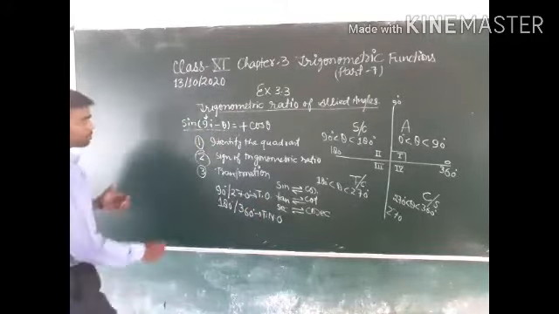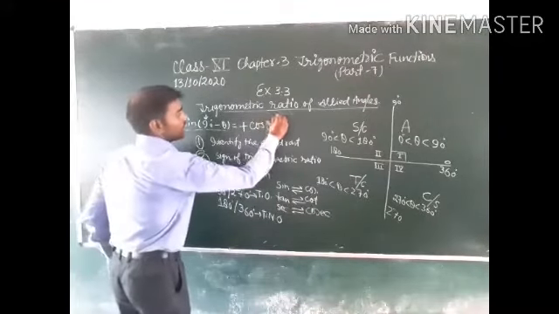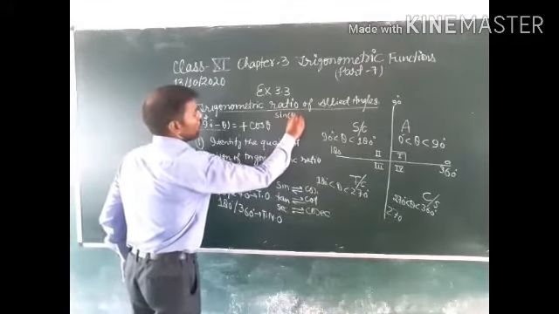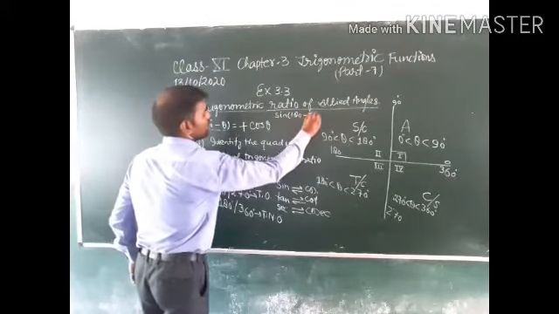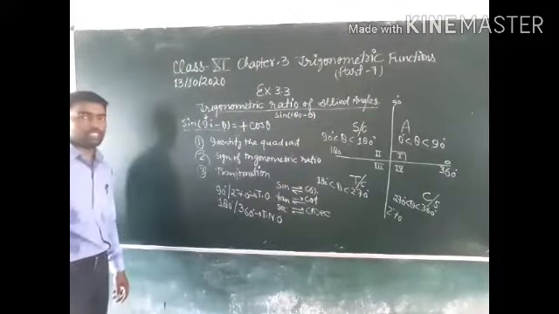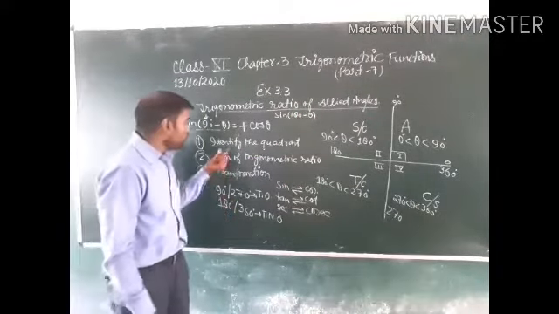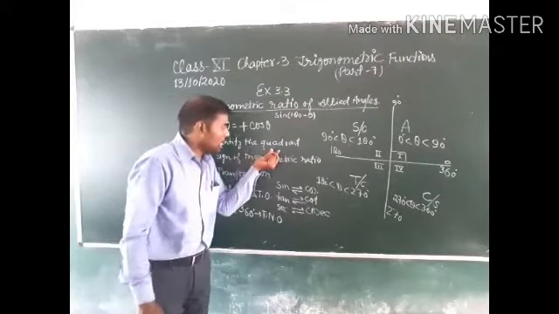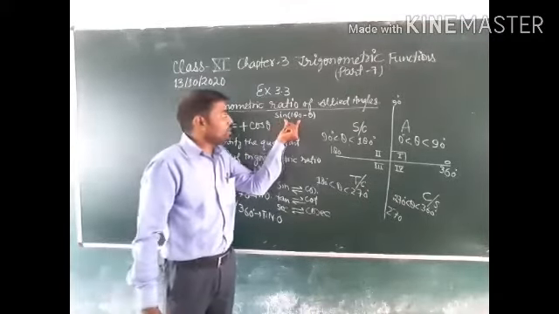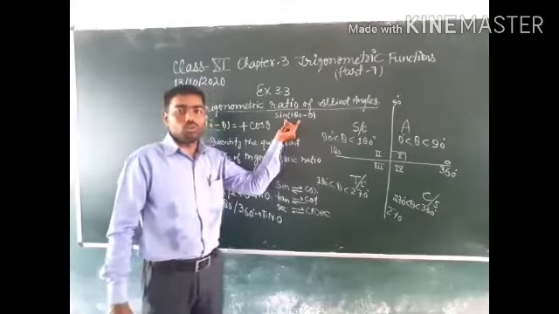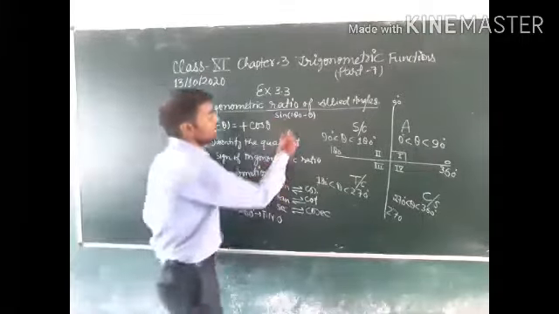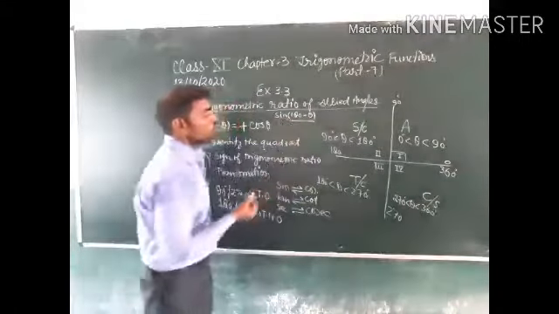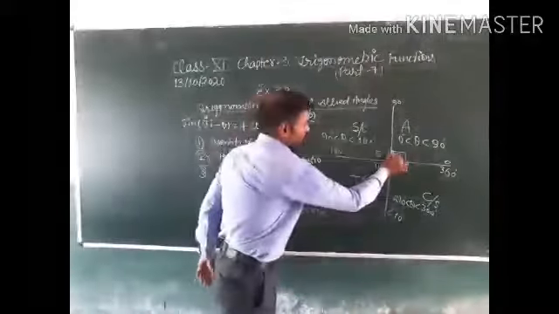Let's say for example, sin 180 minus theta. First of all, you identify the quadrant that this trigonometric ratio belongs to. It means sin 180 minus theta belongs to which quadrant?